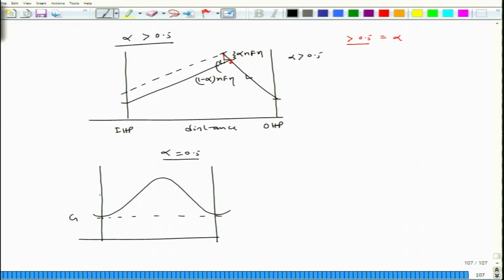Now, we are having preferably anodic reactions, so I am having a change in my free energy plots. This is M, this is M n+, this is distance, and this is the IHP, this is OHP.